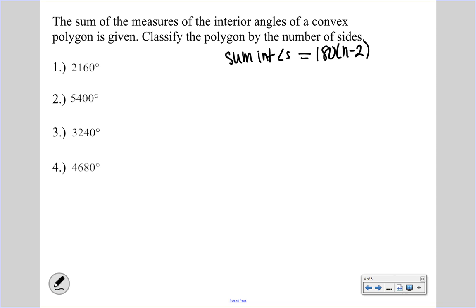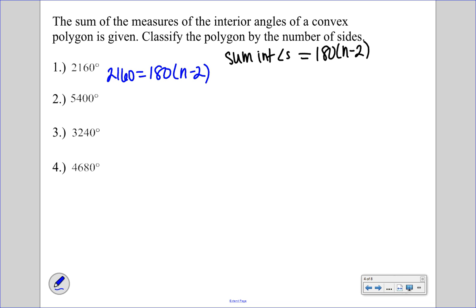And if we write our formula like this, we can plug in 2,160 degrees where the sum of interior angles is. So we can do 2,160 is equal to 180 times n minus 2.